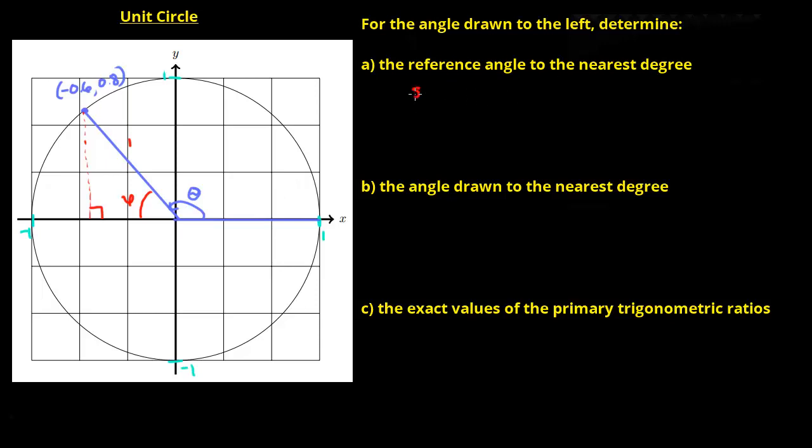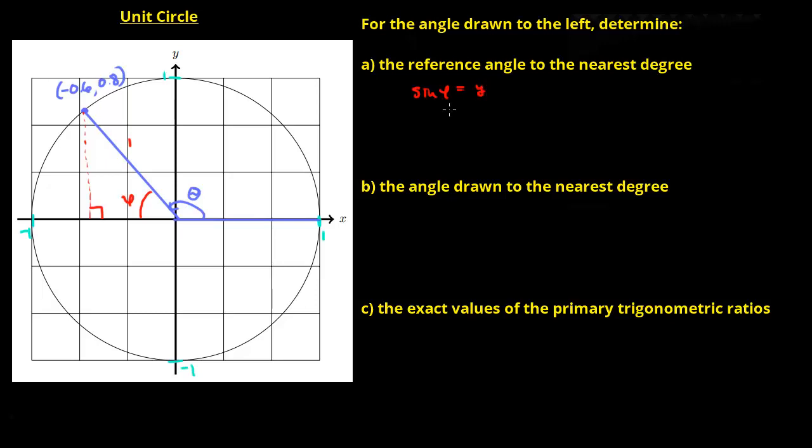So I can just use the regular acute triangle trig ratios, and I know that the sine of the angle phi is equal to the opposite, which is the y value here, divided by the hypotenuse, and the hypotenuse is 1, so we've got y over 1, which is just y.